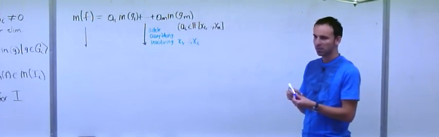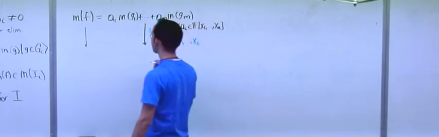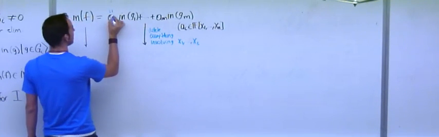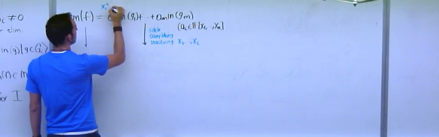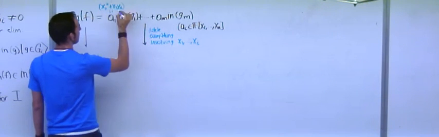So what do I mean by this? For example, it might be that A1 looks like, let's say, x1 squared plus x3, x4. Okay? That might be what A1 is.